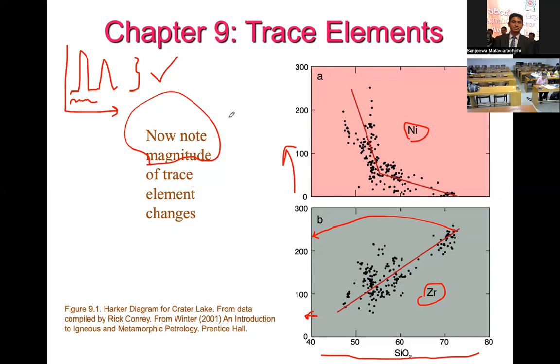Major elements also play a very big role, but in different ways. In the trace element case, they are very sensitive and therefore show very large changes, and also they are present in very small quantities. That's why they show large anomalies.